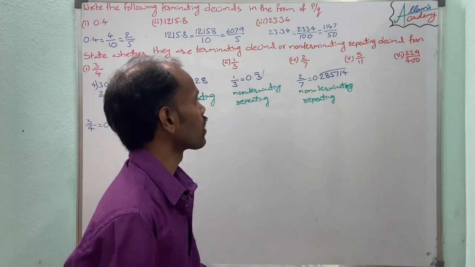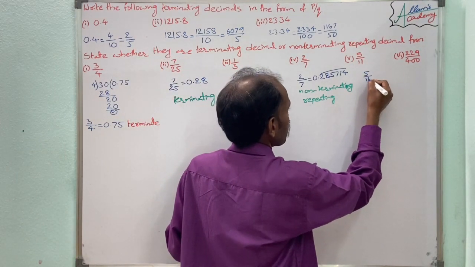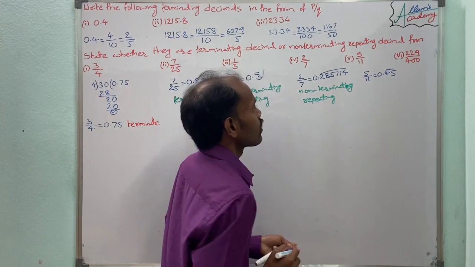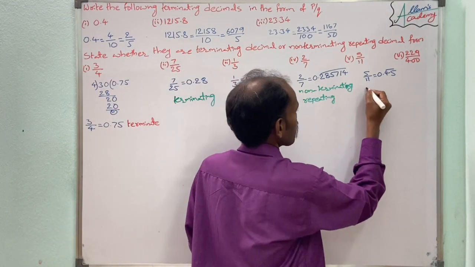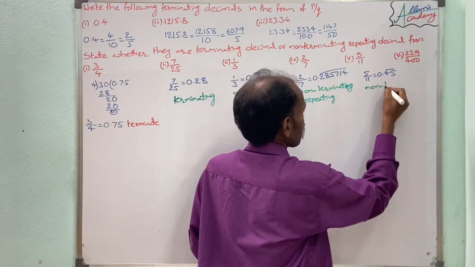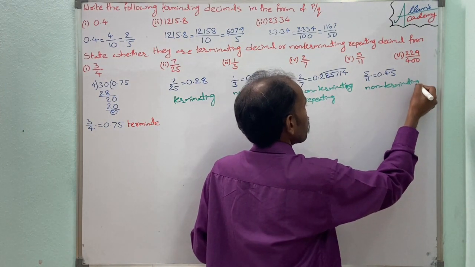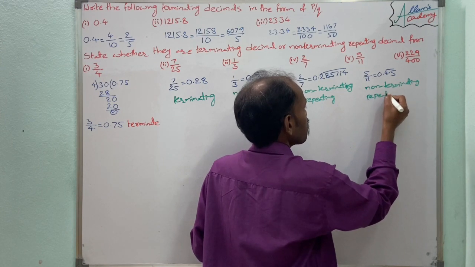Say if we observe 5 by 11, 5 by 11 can be expressed as 0.45 bar. So here also it does not end, so it is non-terminating. And the digits 4 and 5 are repeating, so it is a non-terminating repeating decimal.